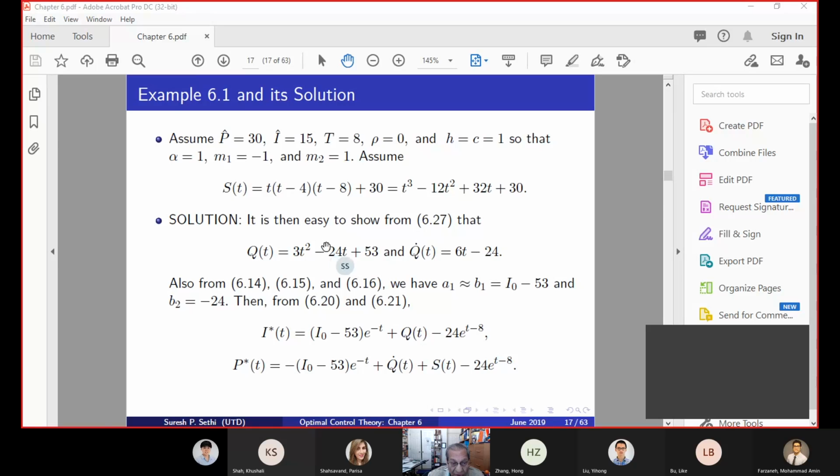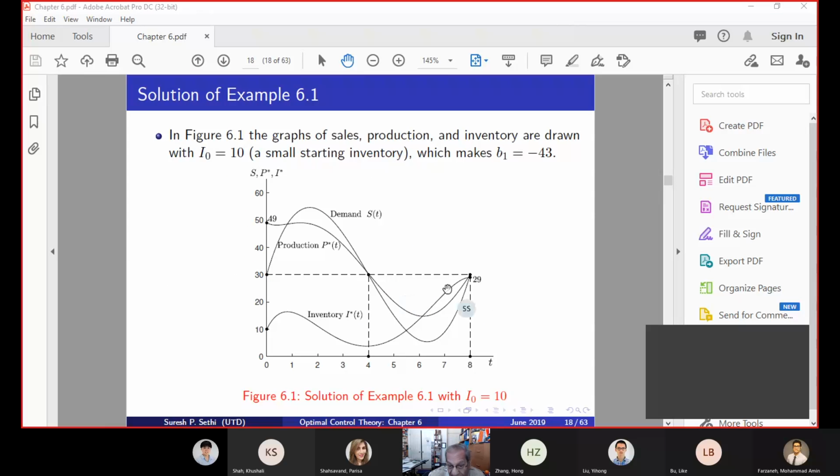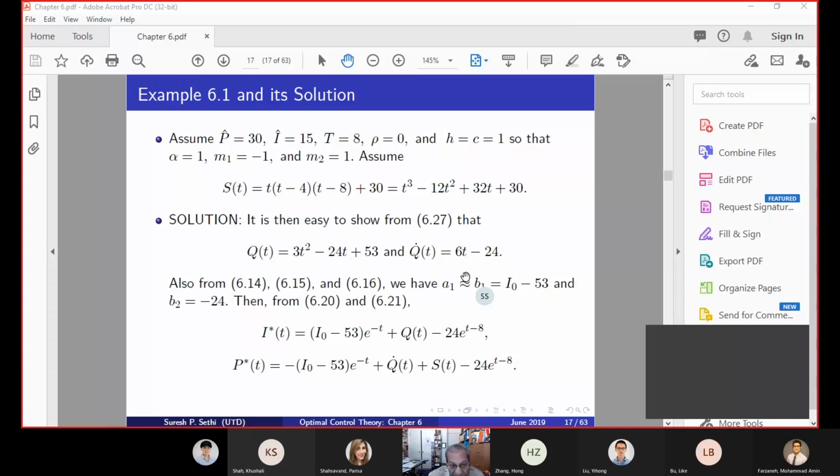So Q of T will be again 53, and 53 minus 24 is again 29. So even if I begin at 53, I will also end up at 29. But I will be at Q_t minus 24. So it is approaching Q_t, but it will only be on the turnpike, which is exactly Q_t, if capital T is infinity.